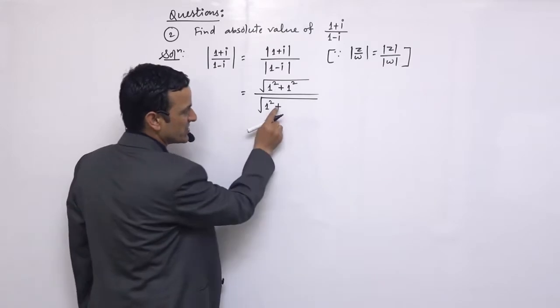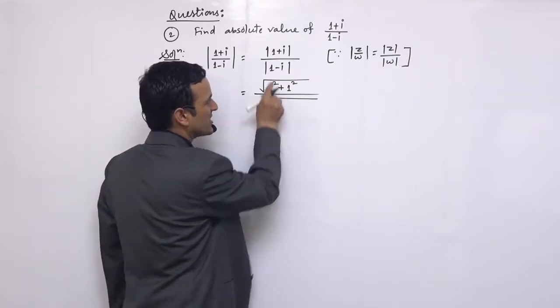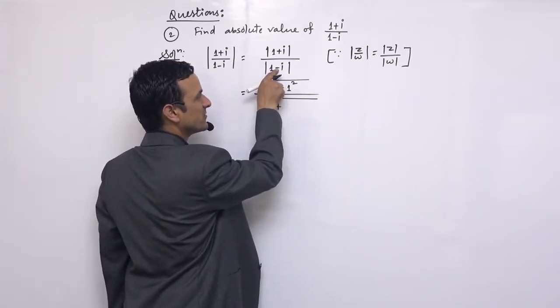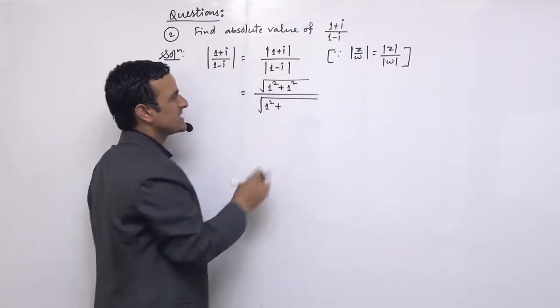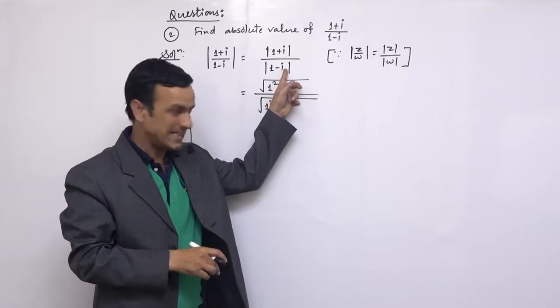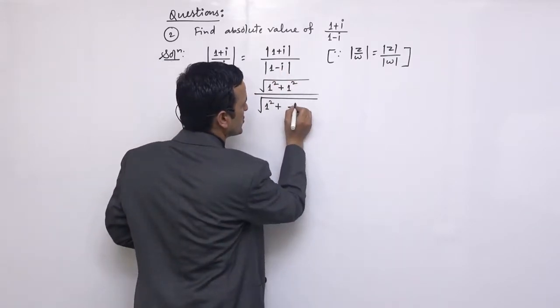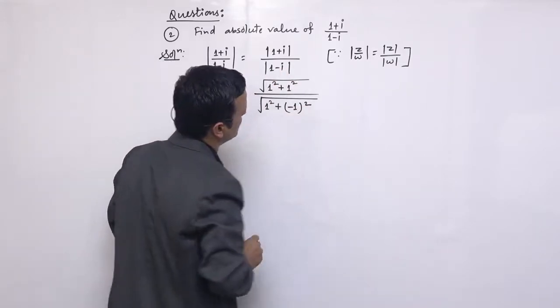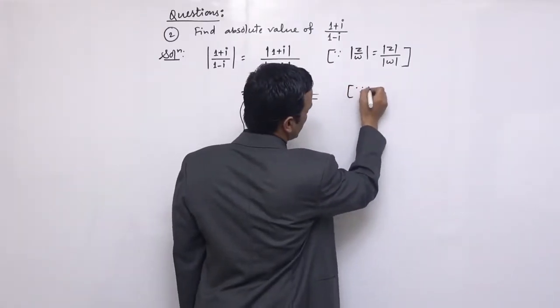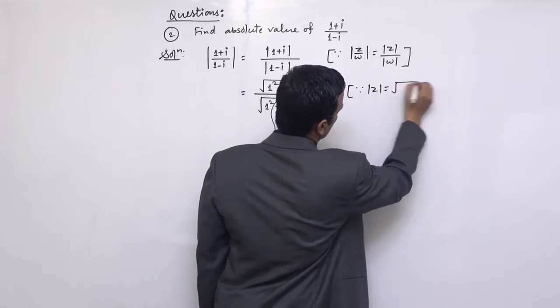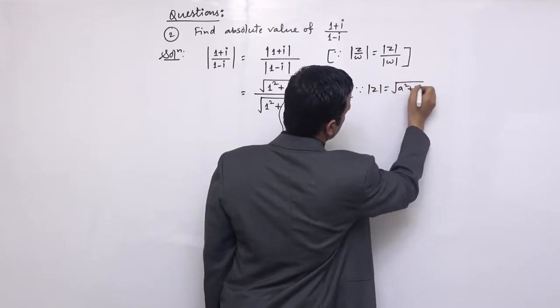By definition here should be plus, whatever the sign may be. So imaginary part squared, meaning the coefficient of i is minus 1. So minus 1 squared. So this is the formula, taken from modulus z is equal to root under a square plus b square.